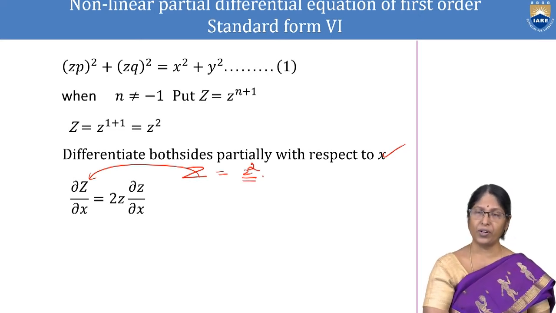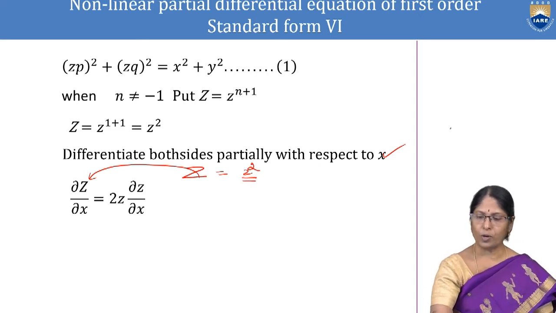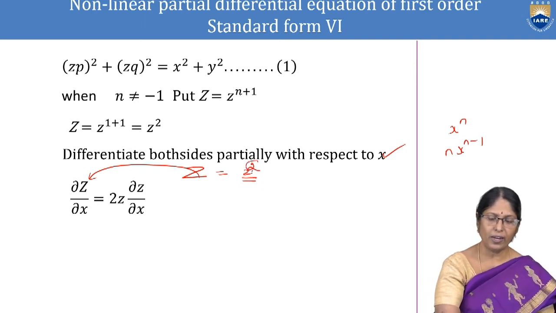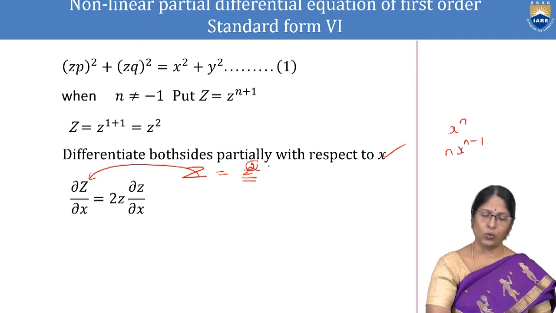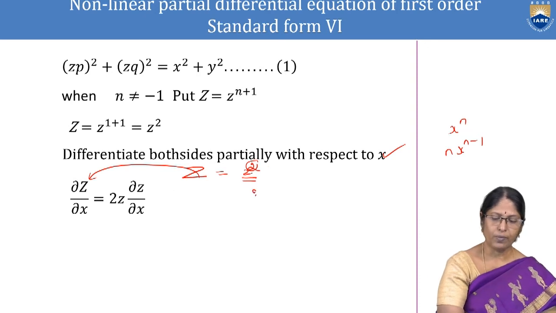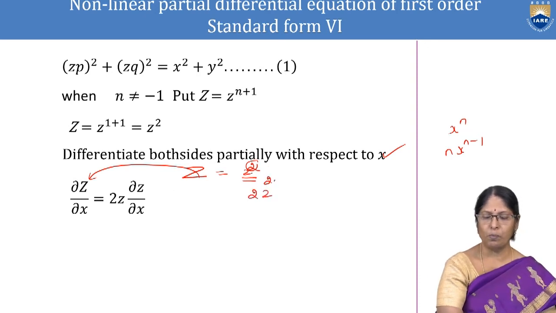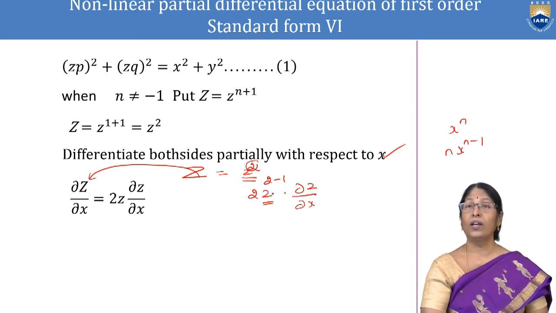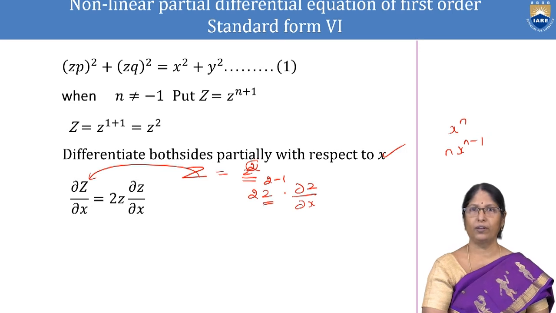The differentiation, we know the formula: x^n gives n x^(n-1). So z square, n equal to 2, we are putting 2z^(2-1), which is 2z. Again, z we are differentiating, so dou z by dou x, because z is playing the role of dependent variable.